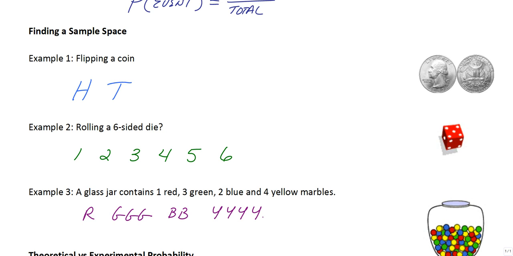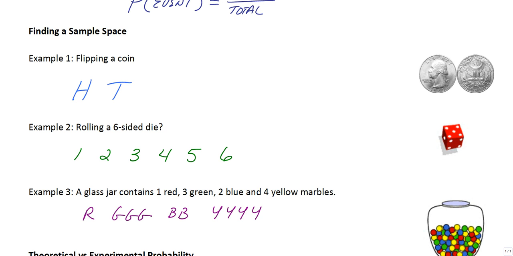But if we were to add all of that together, you have 1, 2, 3, 4, 5, 6, 7, 8, 9, 10 marbles. Okay, so that's very important to know. So you have to know your total amount of outcomes and how many are successes depending on what you're looking for. And that's the introduction to what probability is going to be.